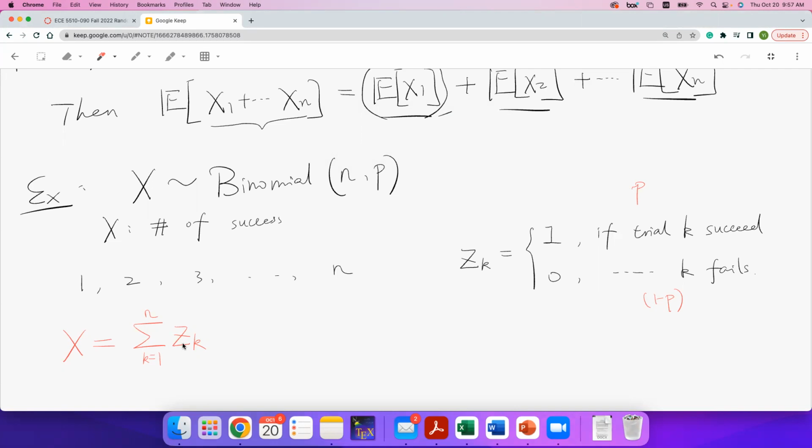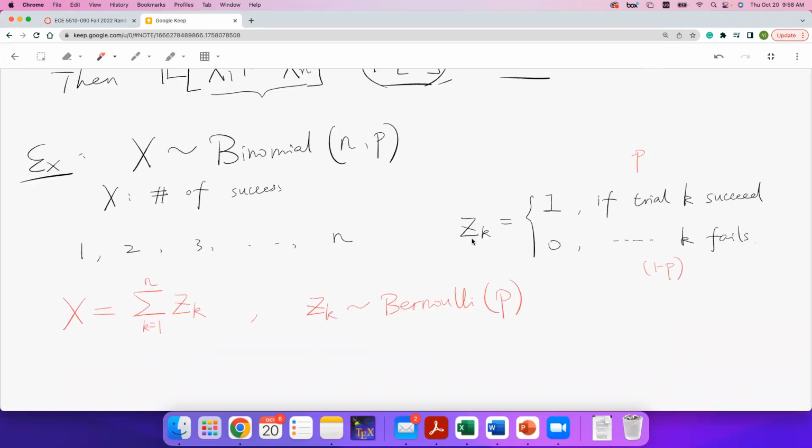So this binomial random variable can be decomposed into a summation of a bunch of binary Bernoulli random variables. Z_k is a Bernoulli random variable with parameter p. Right, because it equals 1 with probability p, 0 with probability 1 minus p. This is a standard Bernoulli random variable.